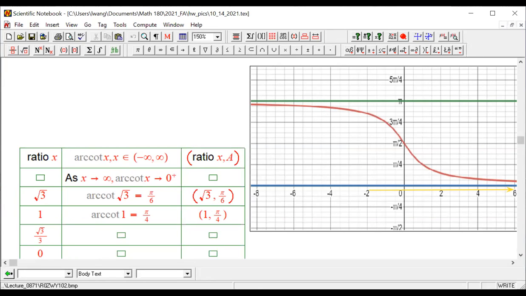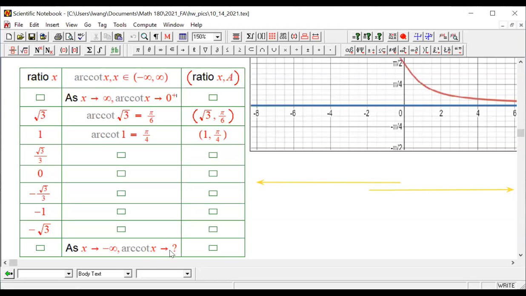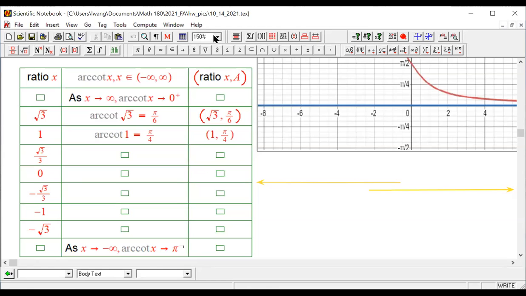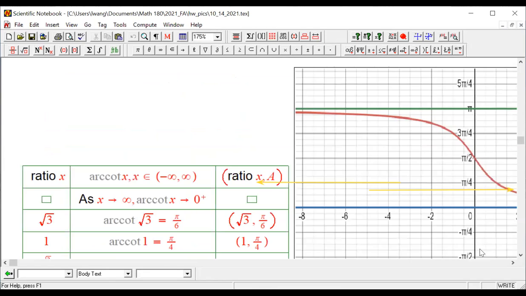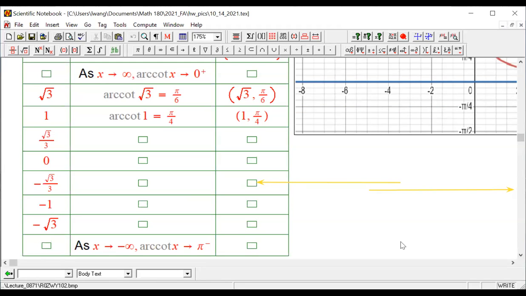When the ratio approaches negative infinity, you can see the red curve is approaching the green line, y equals pi, but below it. So as x approaches negative infinity, arc cotangent approaches pi from smaller than pi. Is that clear? I see. Okay. Thank you.